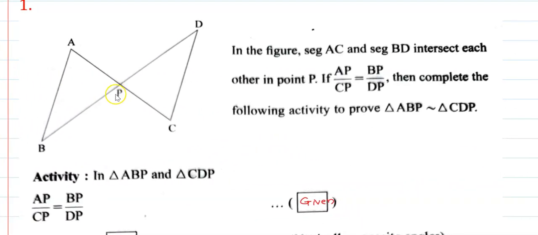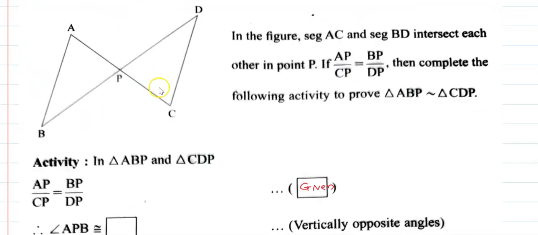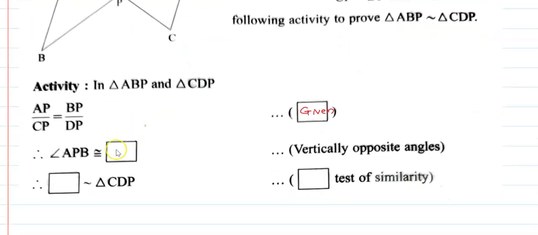Next, angle APB is congruent to angle CPD. Therefore, I will write here angle CPD, and it is vertically opposite angle.